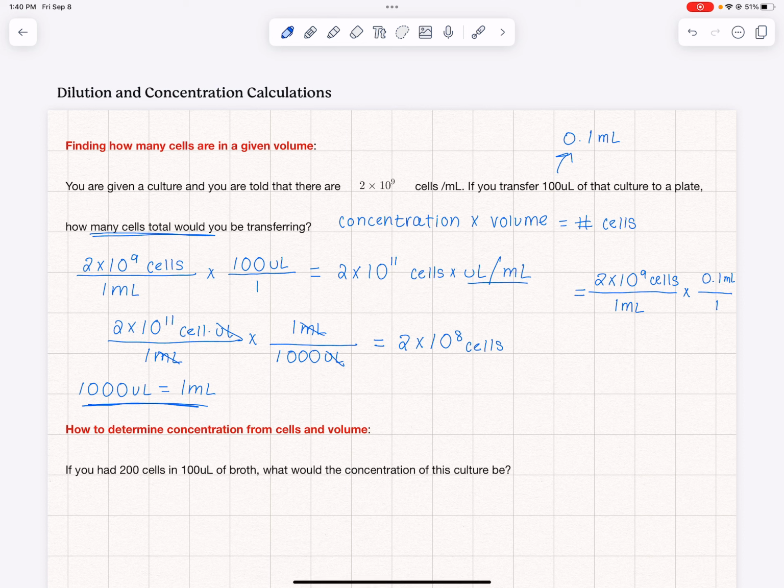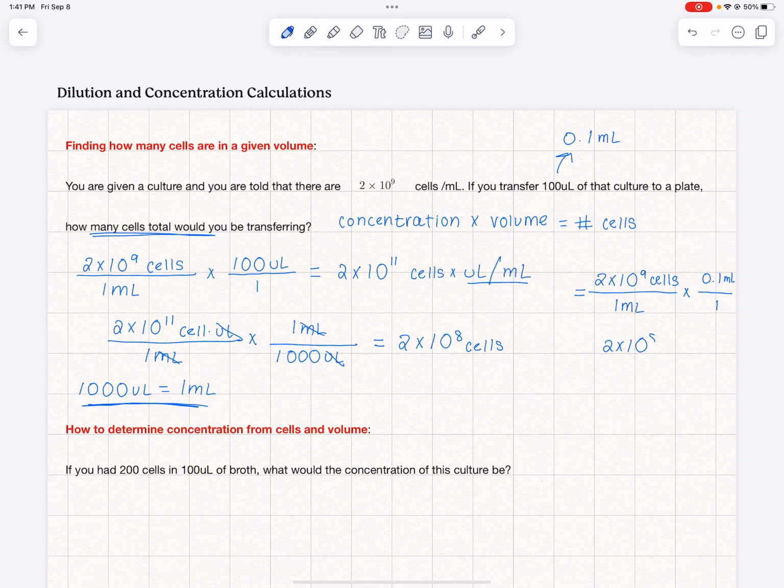And essentially, we would get 2 times 10, and now, because we are multiplying times a decimal, another way of thinking about this math is that we would be dividing by 10. So, because if we're dividing by a series of tens, we are going to be subtracting from our exponent.